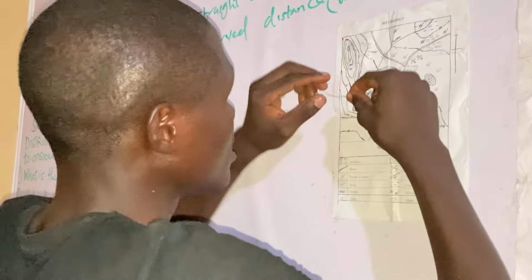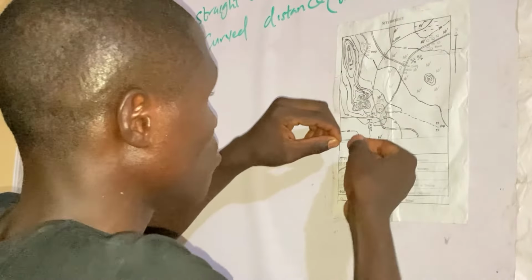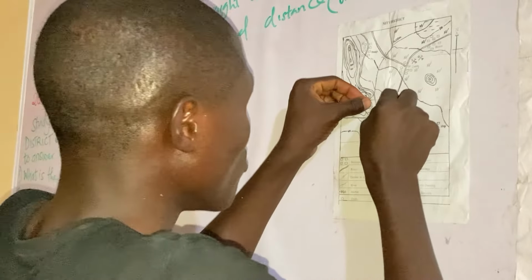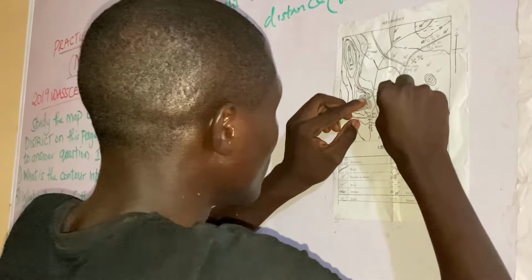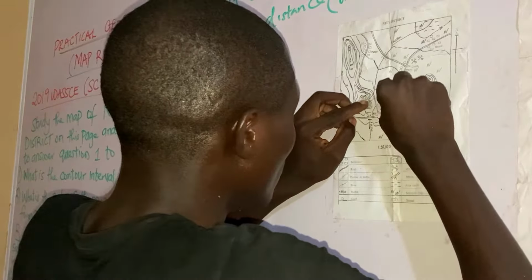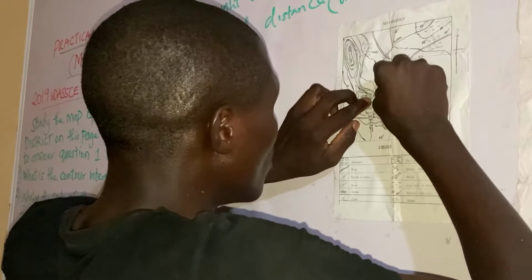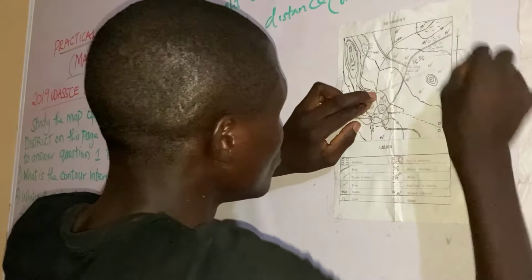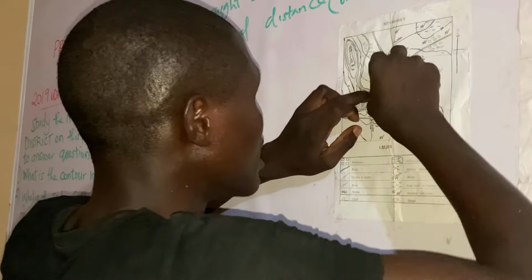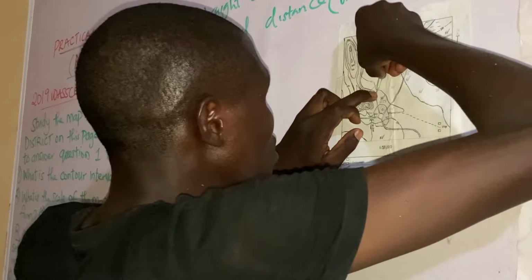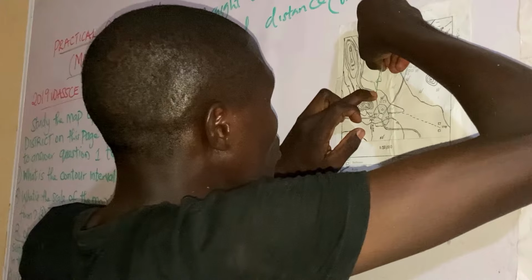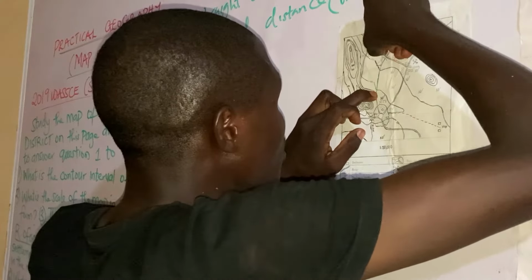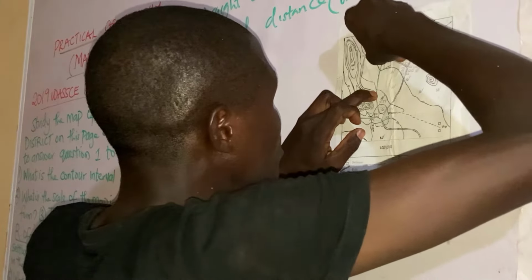So you place this edge of the thread here. You place it along the curve of the river. You hold it like this, and as you are holding it, you use your hand to hold it. Then you continue along this line.